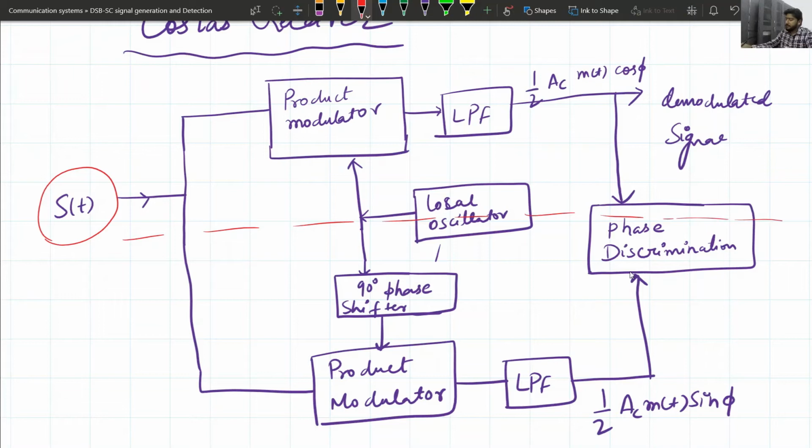This part is called the I channel, or the in phase channel. Why is it called the in phase channel? Because the local oscillator is directly applied to the product modulator.